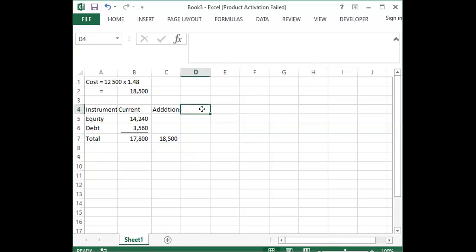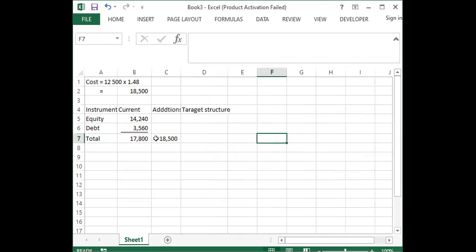And then here you can have the target structure. Take note that the target structure is going to be inclusive of this amount here. So what you do at this point, you want to add.